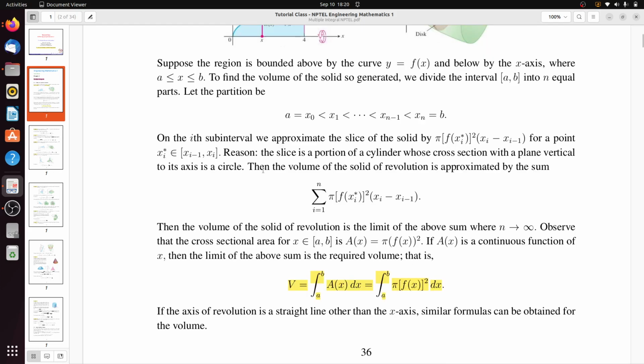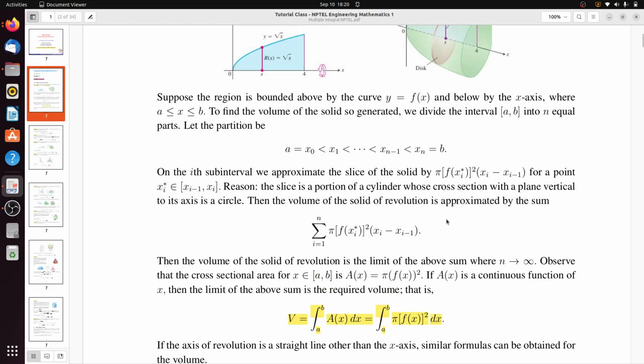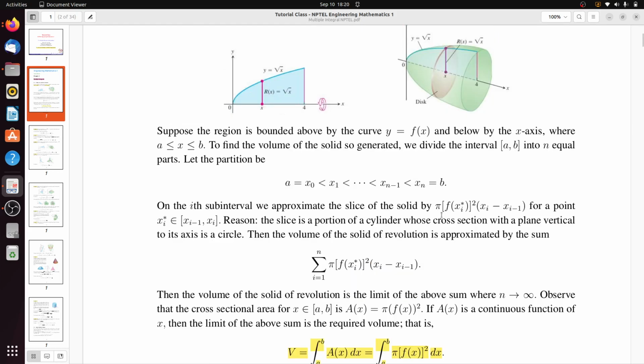On the ith subinterval, that is on the subinterval x_{i-1} to x_i, we approximate the volume of the slice disk generated here.